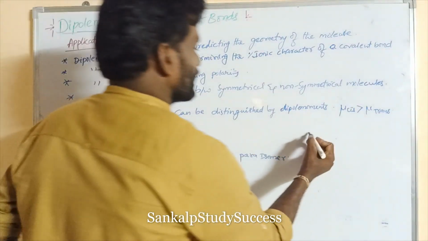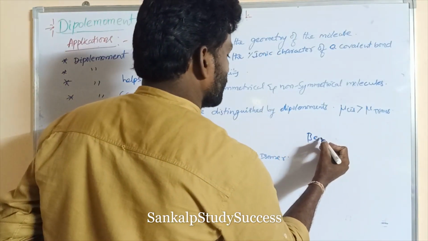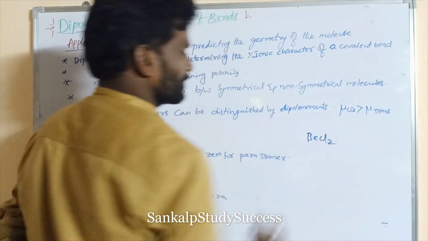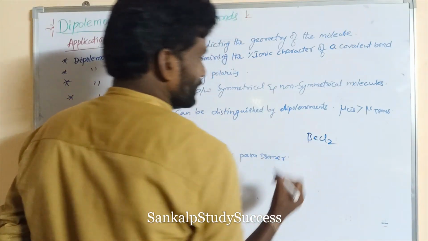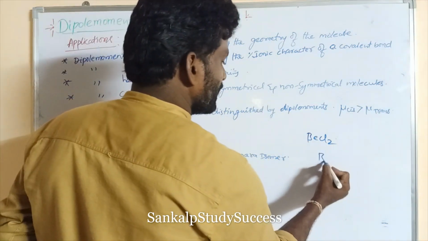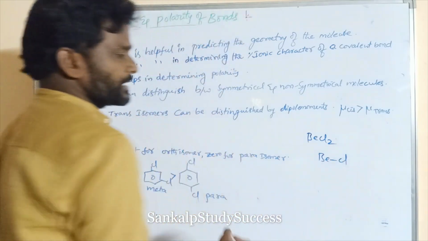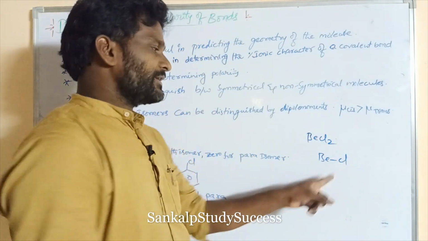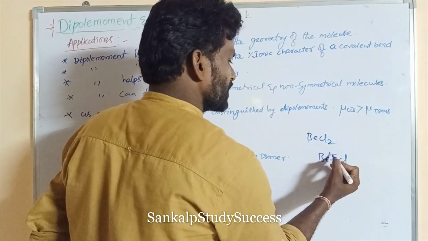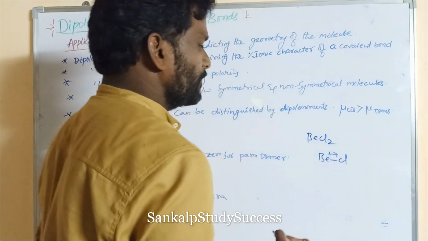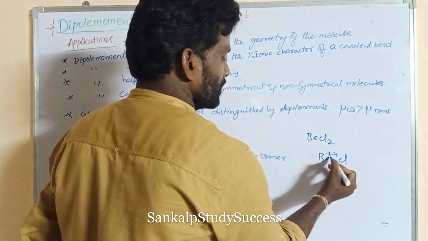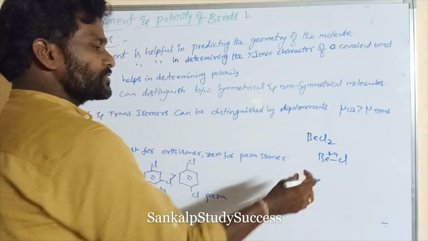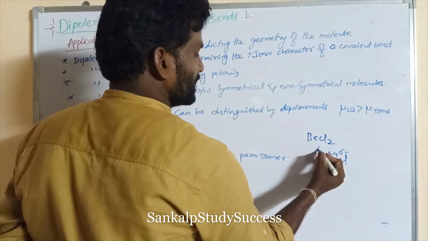For example, we can take BeCl2 or BeF2. Here the Be-Cl bond is polar; chlorine has more electronegativity, so the crossed arrow is shifted towards the chlorine atom, which is delta negative, and Be is delta plus.